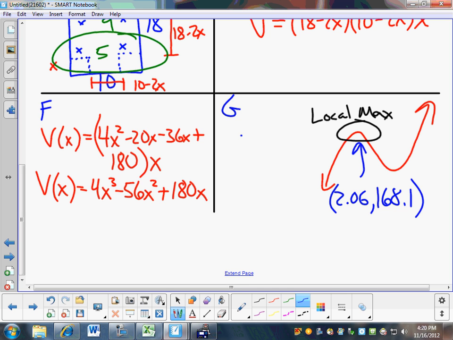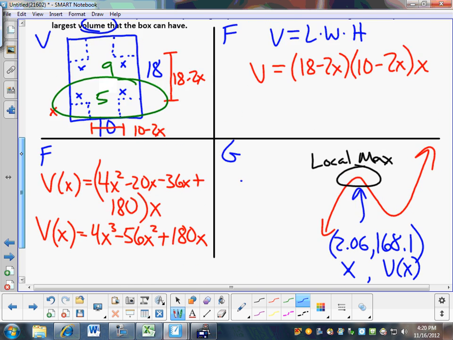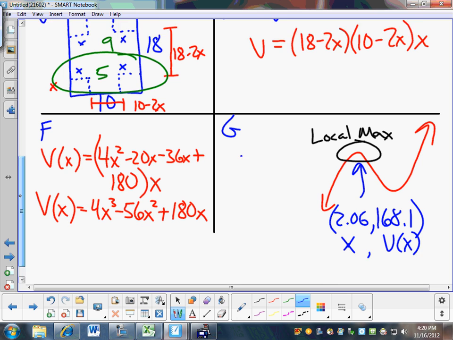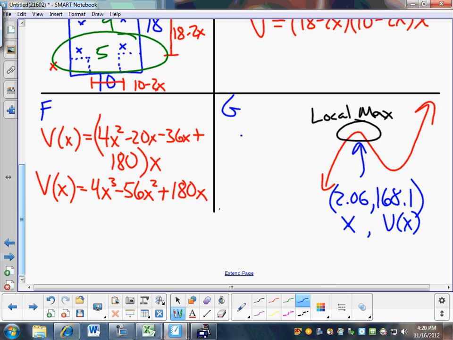Well, this is an x value, and this is my volume in terms of x. So I guess I'm cutting off a square that's 2.06 by 2.06. But the question says, find the largest maximum volume, or the largest volume that the box can have. So I guess we've answered that. The largest volume is 168.1.